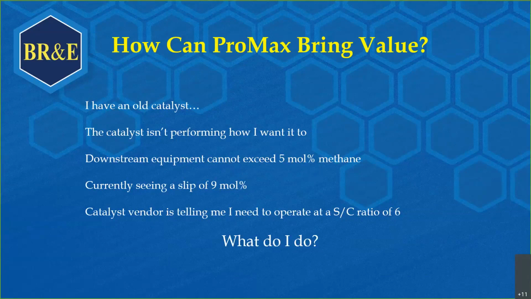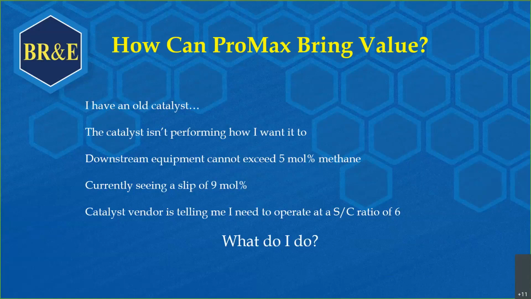The catalyst isn't performing how I want it to, so I'm having issues there. Downstream equipment cannot exceed 5 mol% of methane. So the process right downstream of this primary reformer cannot take more than 5 mol% of methane. And we're currently seeing a slip of 9 mol% of methane.